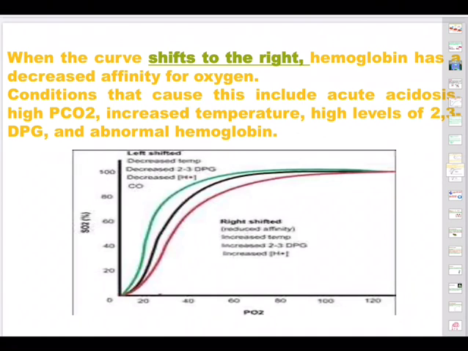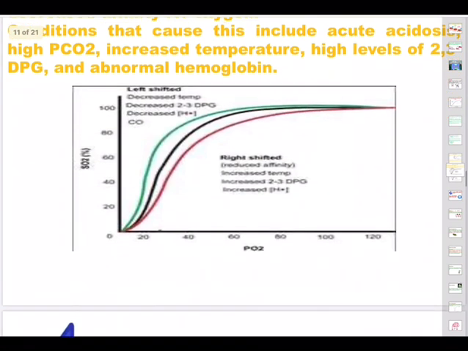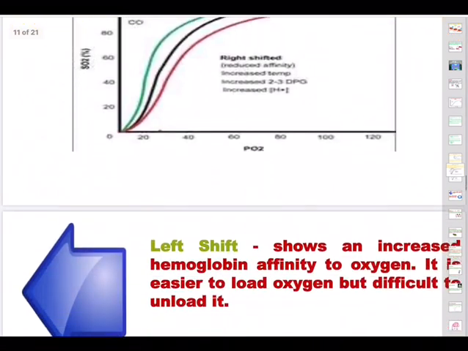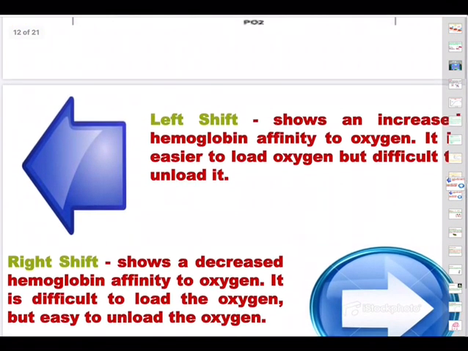Decrease in partial pressure of oxygen, increase in partial pressure of carbon dioxide, increase in hydrogen ion concentration, and decrease in pH, and increased body temperature, and excess of 2,3-DPG, diphosphoglycerate, a byproduct, remember, a byproduct of glycolysis. Now, when these conditions are there, the curve shifts to right.